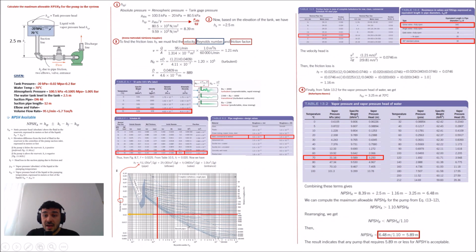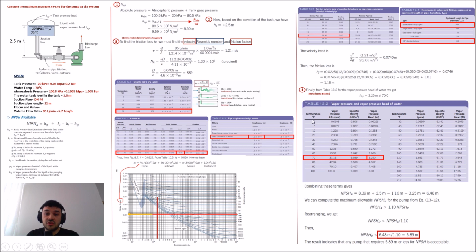And finally, until now we calculated the static pressure head, the elevation difference, and the head loss here. And the final thing we have to calculate is the vapor pressure head. According to your fluid and your temperature, you have to know this information.